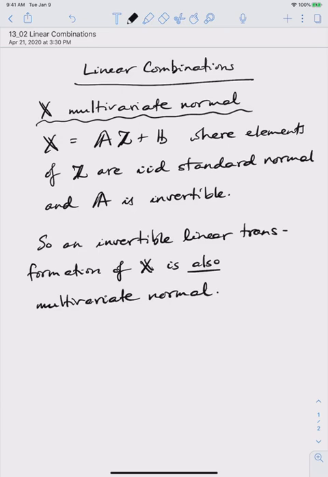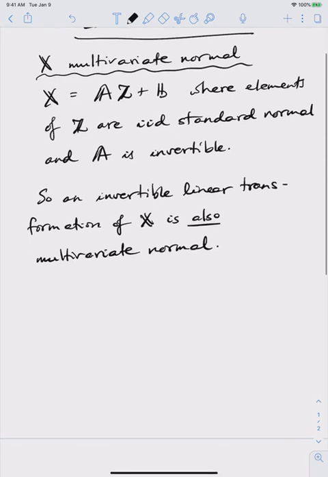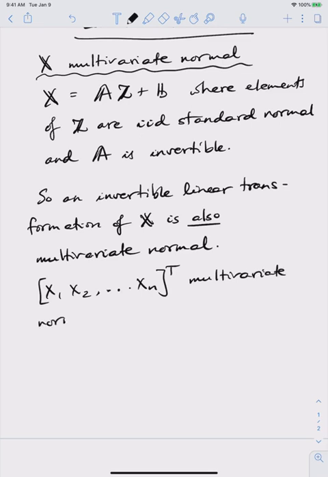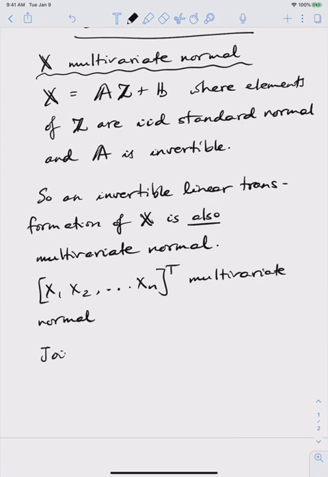So the great news here is that if you start out with x1, x2, ..., xn multivariate normal, and I ask you, what is the joint distribution of, let's see, how about x1 and x1 plus x2?